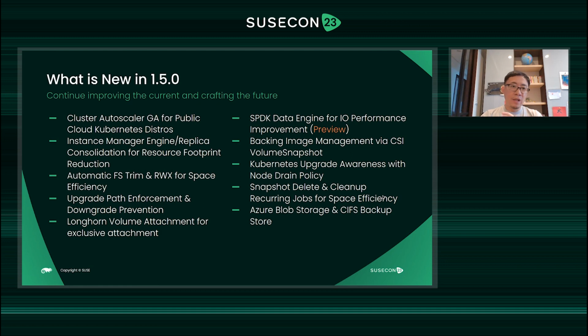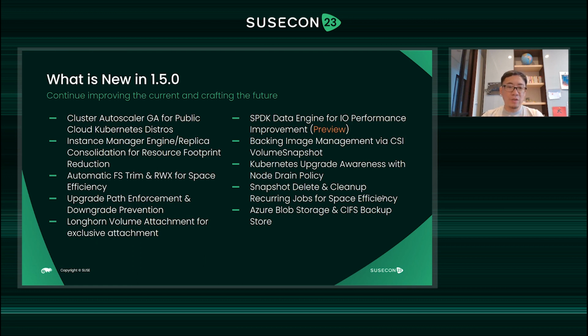Okay, so let's talk about what's new in 1.5.0. We have a consistent release cadence for Longhorn: two feature releases a year, and three months for each patch for the maintained and supported release branches. So 1.5 is the latest release. And what's new inside?